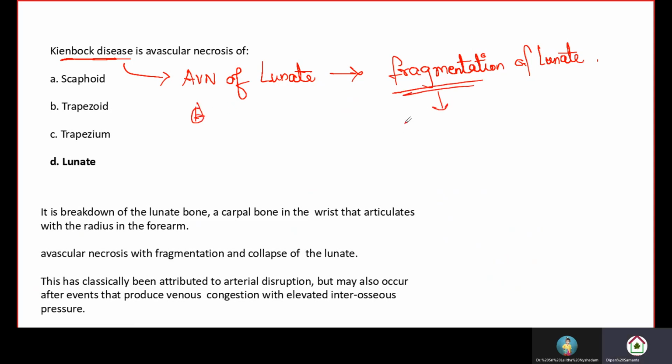This fragmentation is what causes the arterial disruption. It compresses the surrounding arteries.